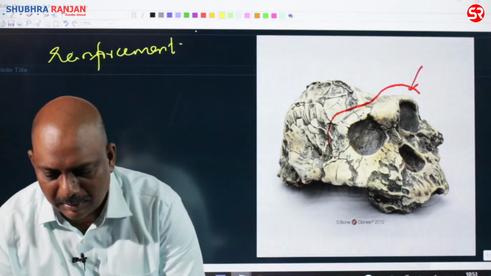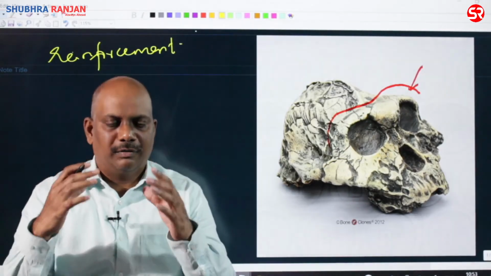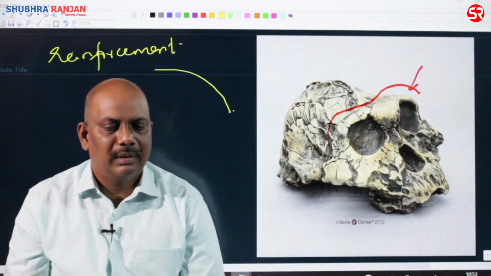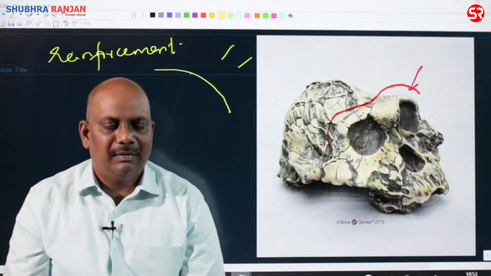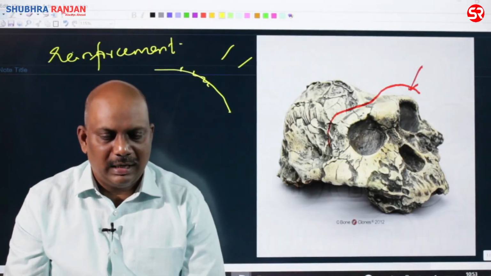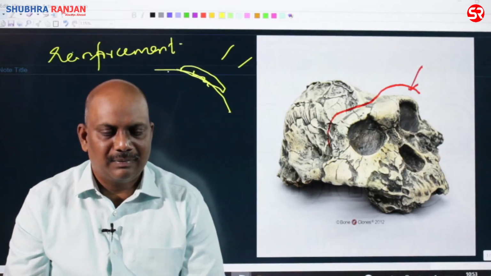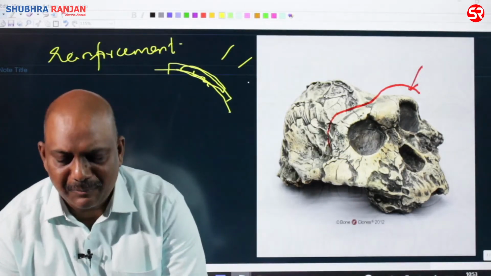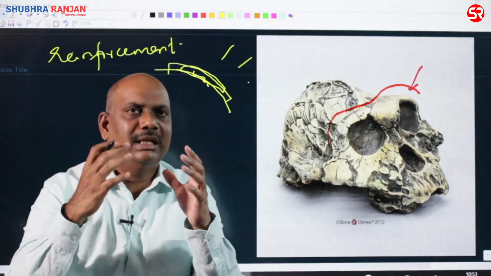Suppose there is a fort wall. Due to enemy attack, if the wall becomes weak, we will build a strong wall again. These are reinforcements. Reinforcement means adding some structure to make something strong.